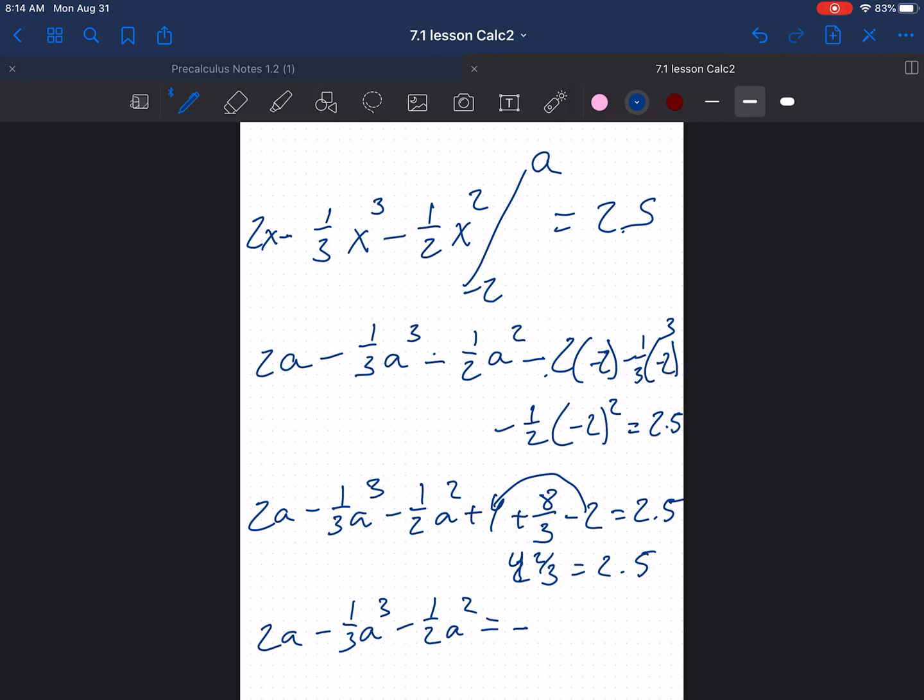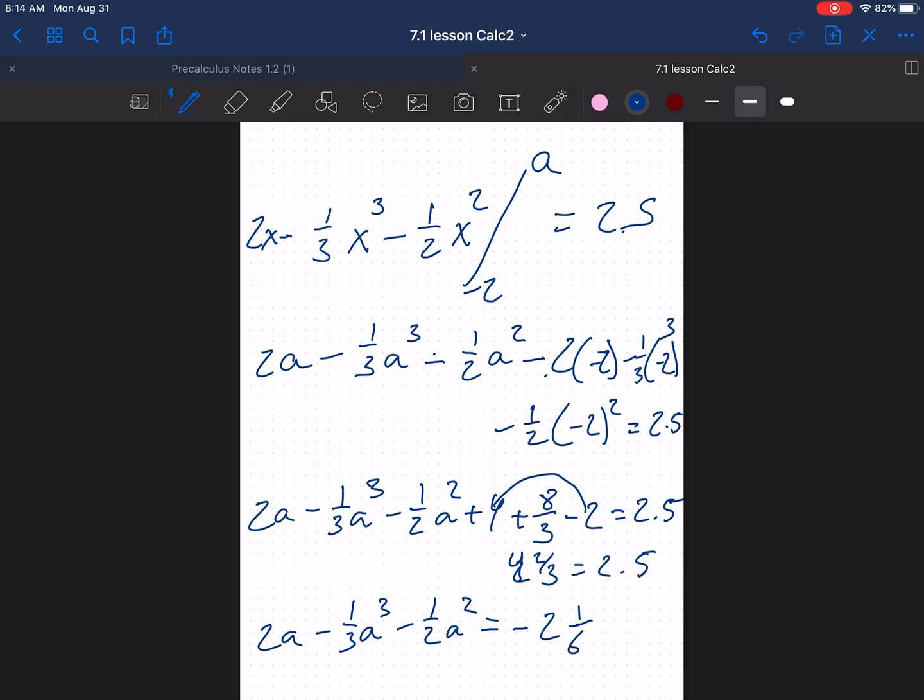So 4/3 subtracted is going to be a negative. I got about 2 and 1/6.